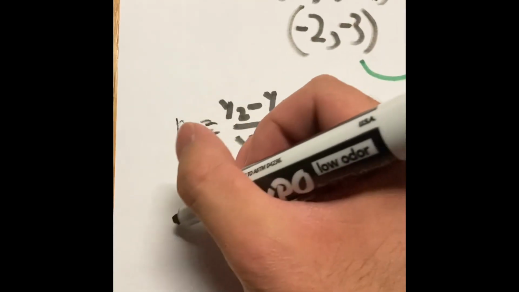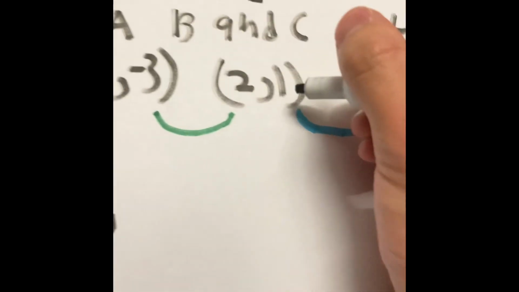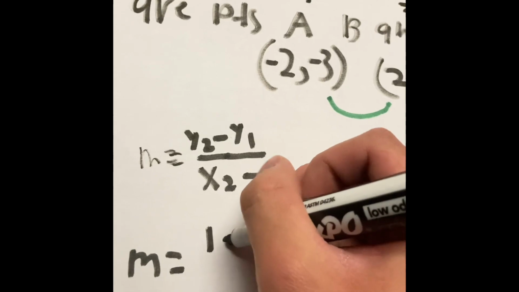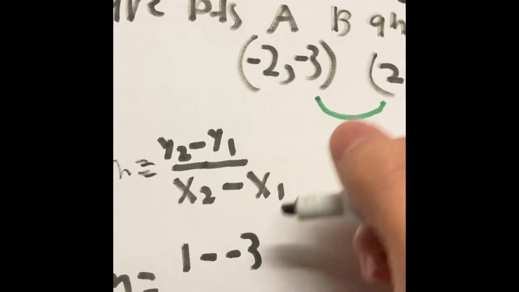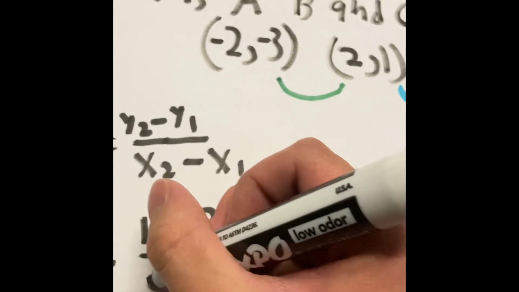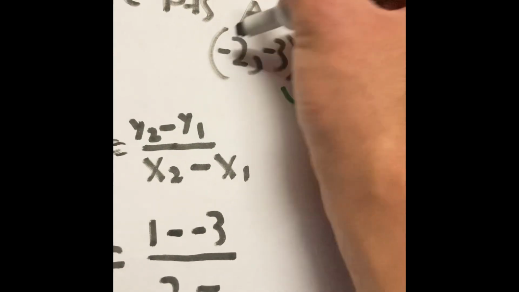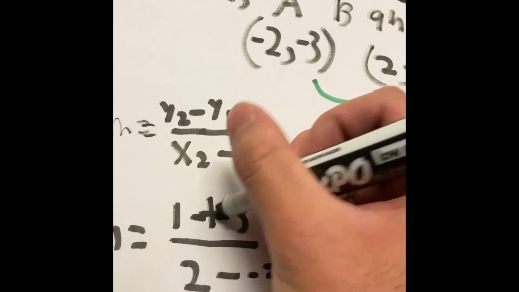So our slope is going to equal y2, which is 1, minus y1, which is -3, so minus -3, divided by x2, which is 2, minus x1, which is -2. We have two negative signs. Now they're positive.